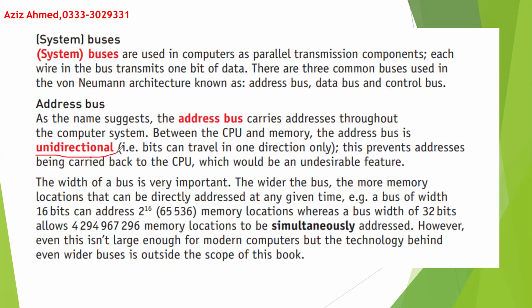Uni means one, single. And bidirectional means two, bi means two. It means the bus can be written or read by the processor. That is why it is called bidirectional.